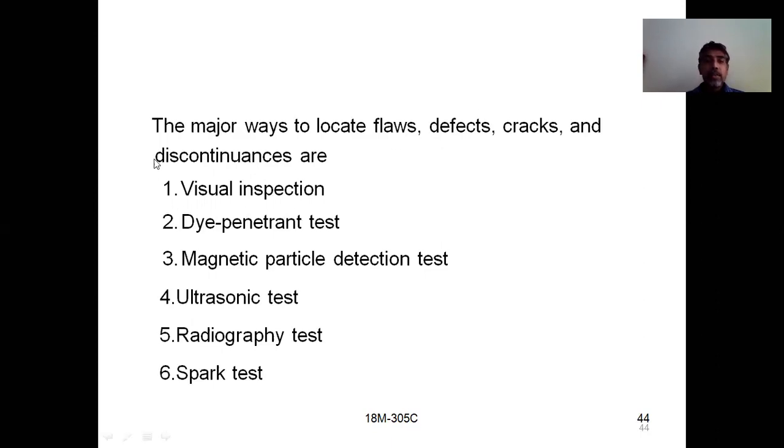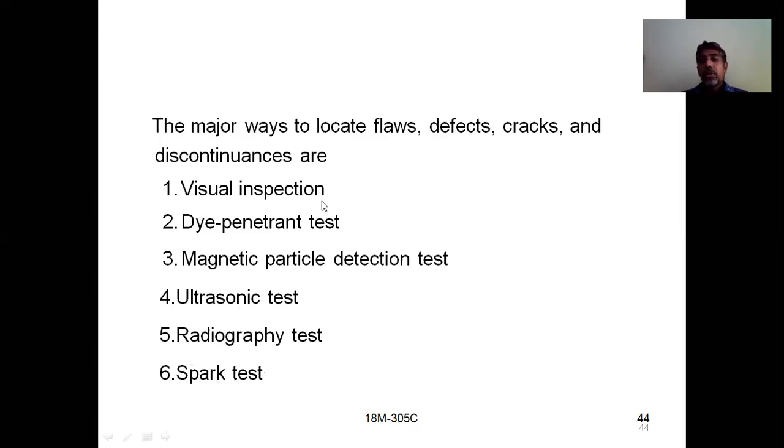You are going to find out flaws, defects, cracks, and discontinuities in any component. We can find them by using these 6 important methods: visual inspection, dye penetrant test, magnetic particle detection test, ultrasonic test, radiography test, and spark test.